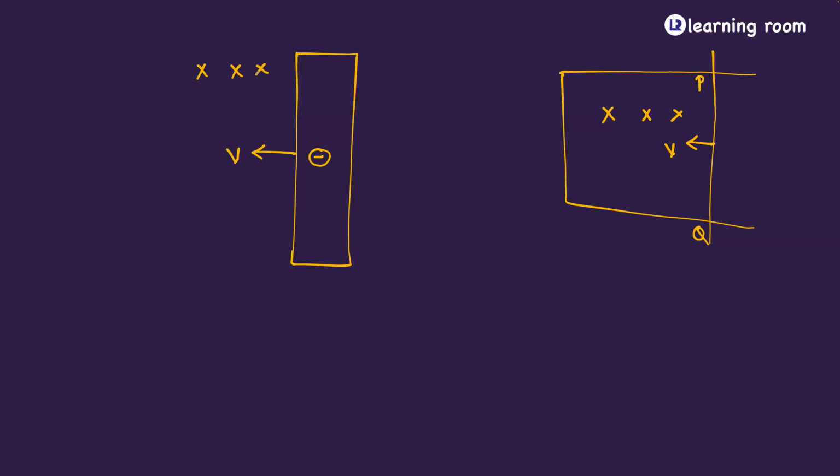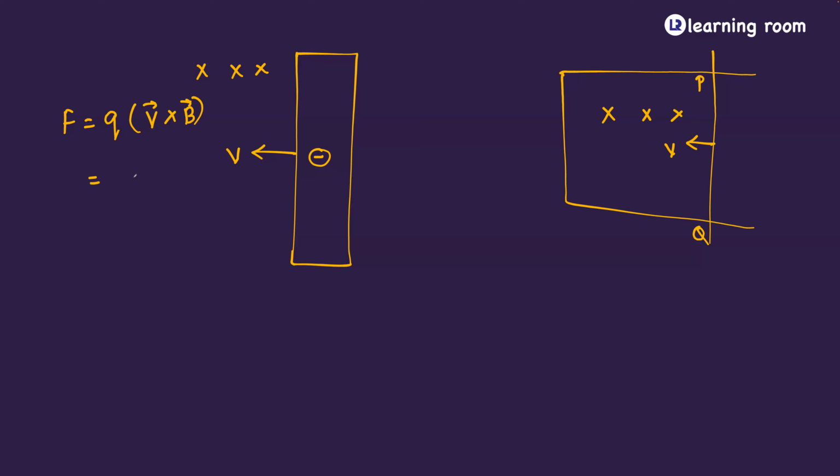From the fourth chapter, we know that whenever there is a charged particle moving inside a magnetic field with a speed v, the force experienced by the charged particle is given as Q into V vector cross B vector. Am I right?